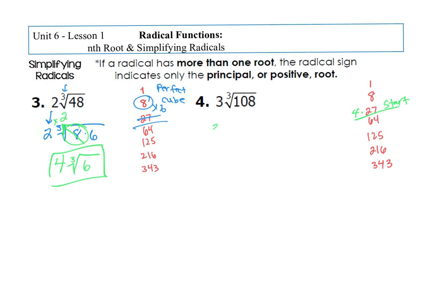So we rewrite it as 3 and then cube root of 27. And I like to put my perfect number first, times 4. And then I take the cube root of the perfect part, the number from my list. The cube root of 27 is 3. It gets multiplied to the 3 that's already out there. 3 times 3 is 9. And we keep the cube root, that non-perfect cube, inside the radical.